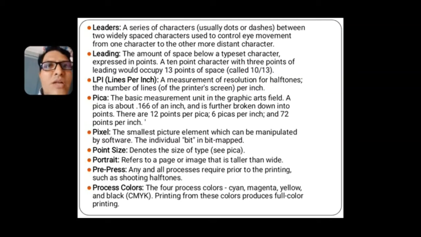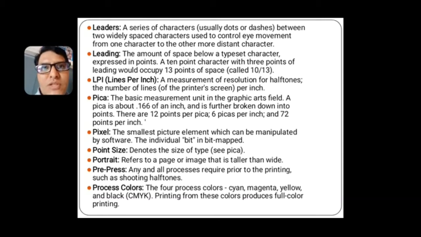And next our terminology is leaders. A series of characters, usually dots or dashes, between two widely spaced characters, used to control eye movement from one character to another more distant character. So here the leaders are a series of characters, usually appearing in the form of dots or dashes, between two widely spaced characters.